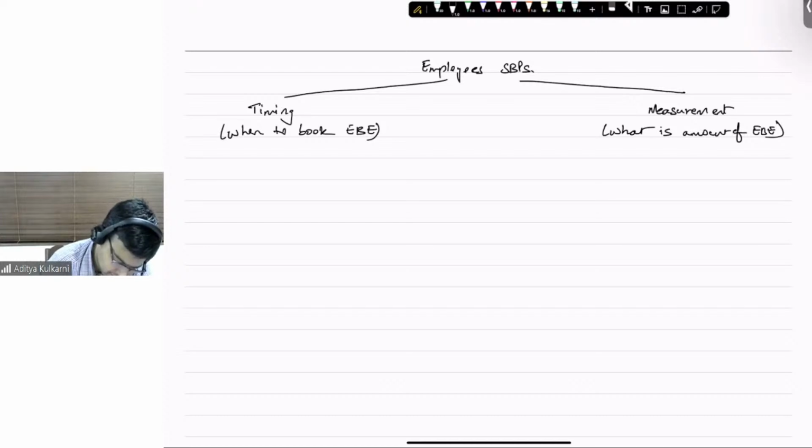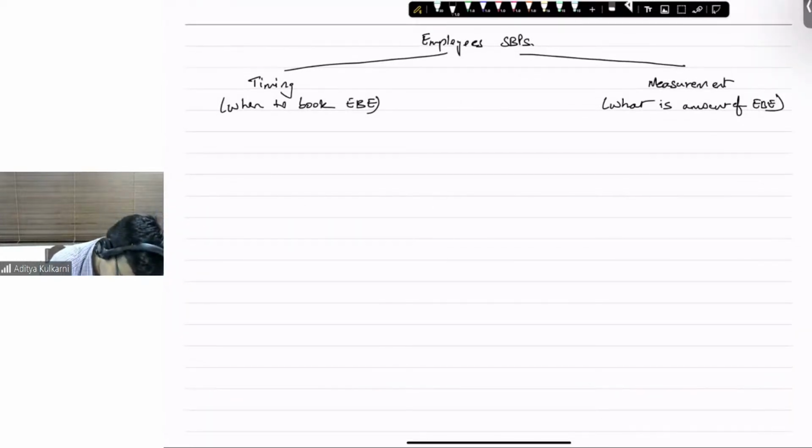Here, it depends on the vesting conditions.